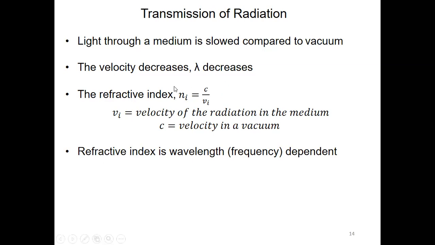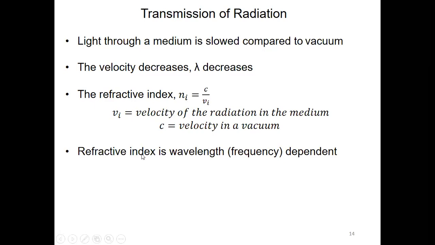So this equation can be used to find the refractive index. Ni is the refractive index, C is the velocity in a vacuum, and Vi is the velocity of the radiation in the medium. So this equation, you should remember, how to find the refractive index.